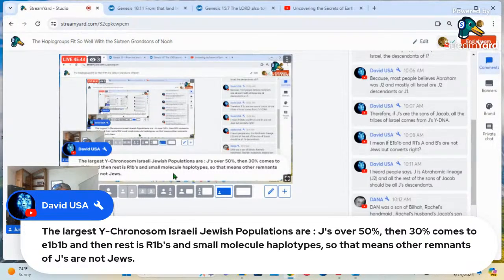So this is not standard: 30% comes from E, and then the rest R1a, R1b, and the small molecule haplotypes. So that means the other remnants of J's are not Jews. Well, there's some J1 lineages that aren't Jews, they're Arabic.